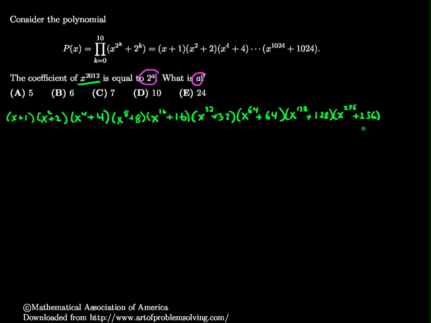I'm going to have to go to the next line for the last two terms. Let me just stick them over here. Multiplied by x to the 512 plus 512 multiplied by x to the 1024 plus 1024.